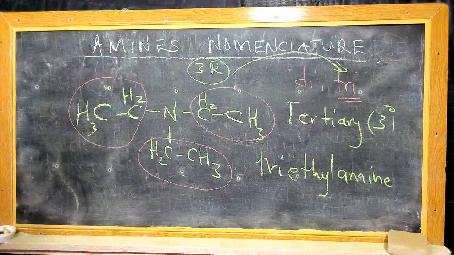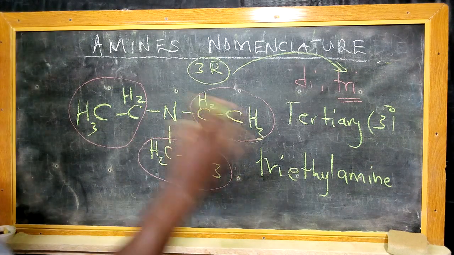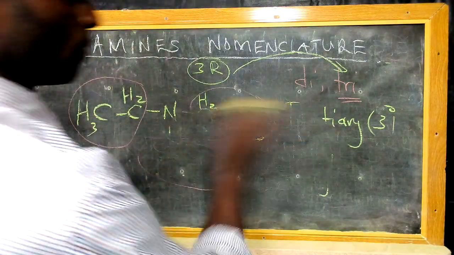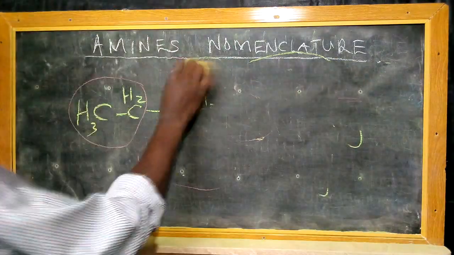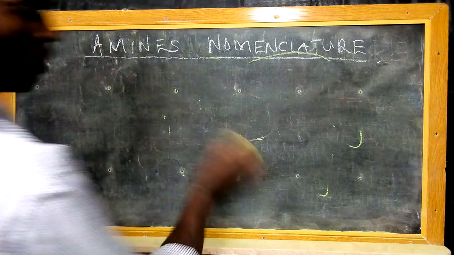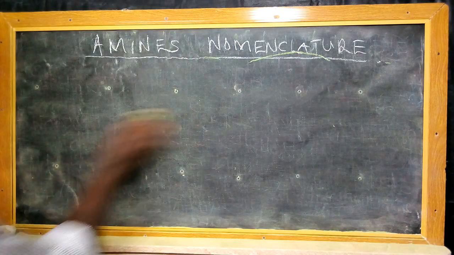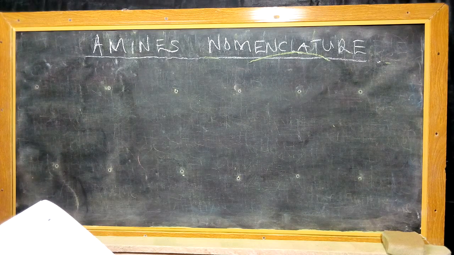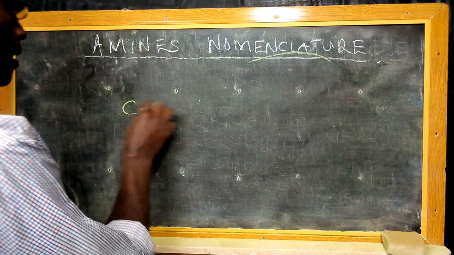Now we have looked at the primary and tertiary amines. Let's look at one example of the remaining one, that is a secondary amine, and see how it is named. So we shall have an example here.